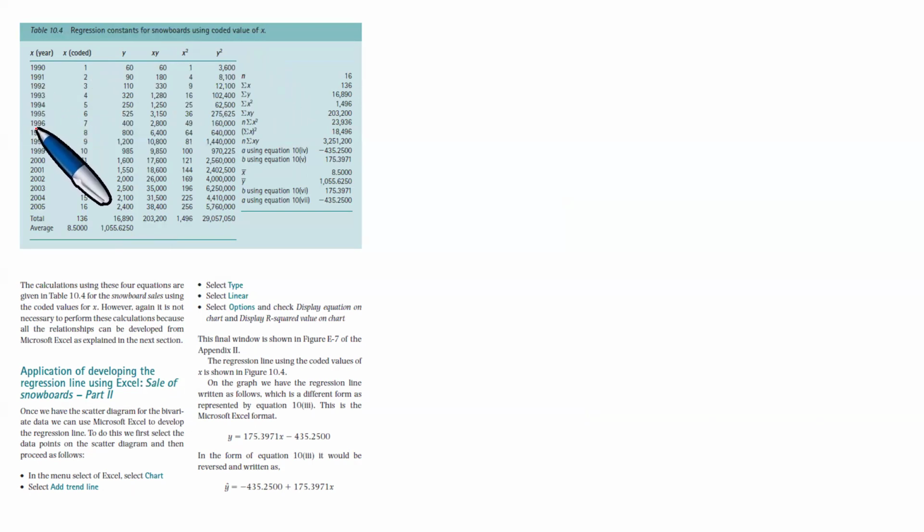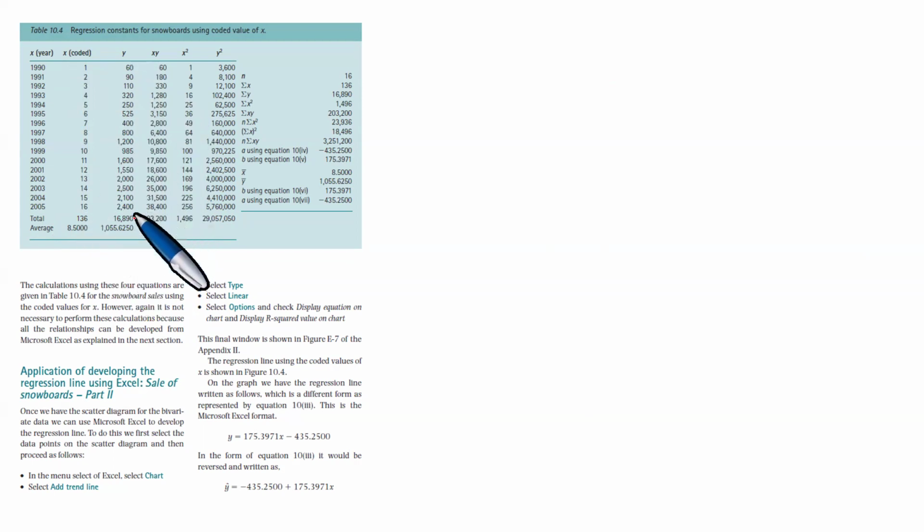Now this is extremely important. For the years 1990, 1991, up to 2005, we got the totals of the codes there, 136. And now we have the average of the coded X. The average of X is 8.5.